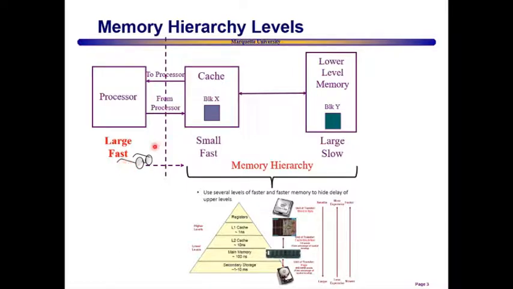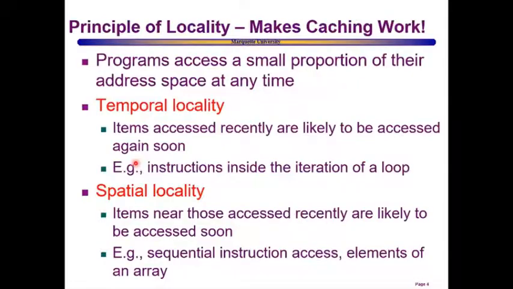And this illusion that the processor has, that it operates with a large memory address space at fast access speeds, is really made possible by operating the cache according to, or taking benefit, exploiting the principle of locality, which makes the caching concept work.